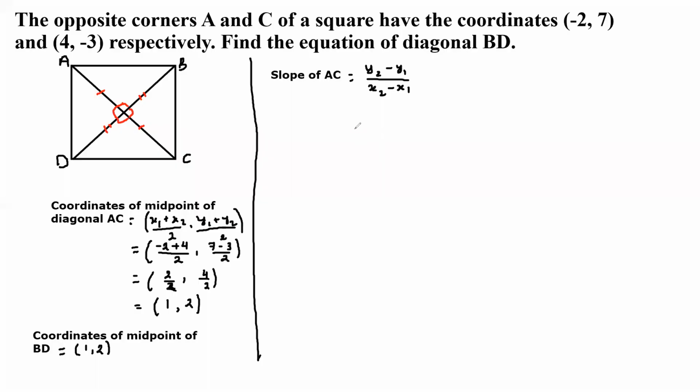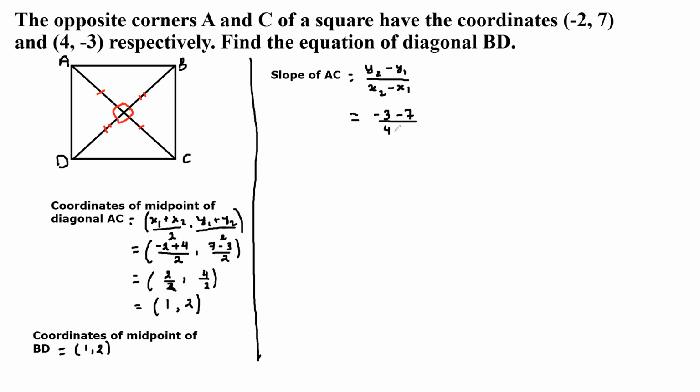Here, we know that the slope of AC is equal to (y2 minus y1) upon (x2 minus x1). Look at AC once again. What is y2 here? It is minus 3 and minus 7, divided by x2. x2 is 4.